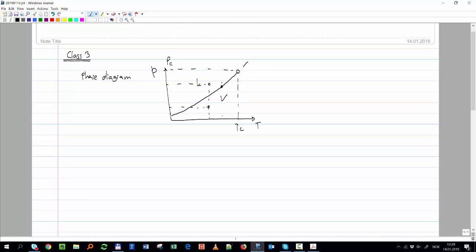Now, that would be for a pure component, a single component.